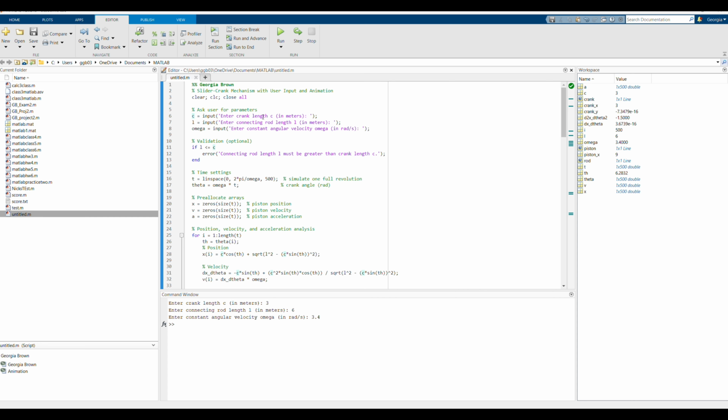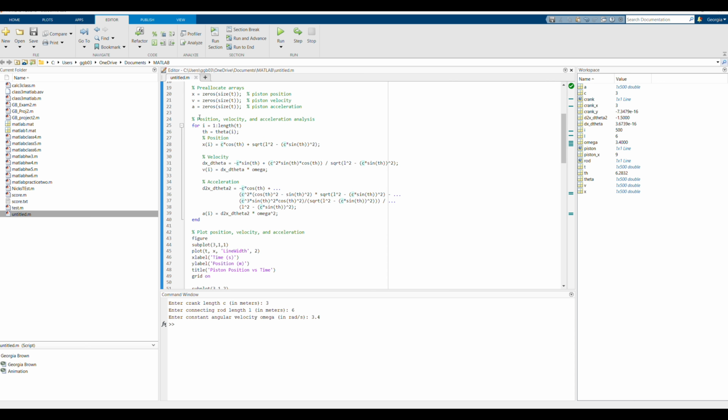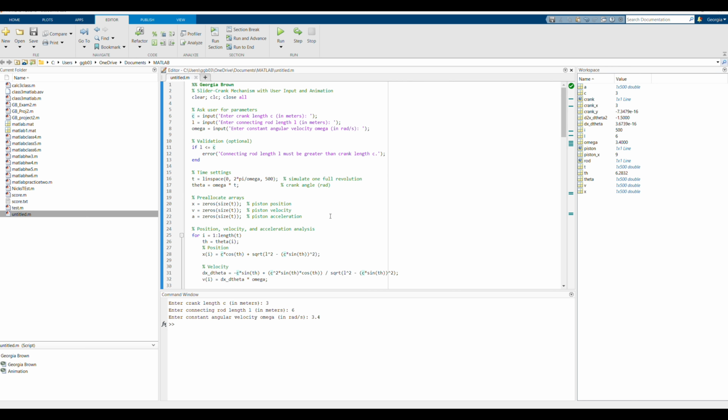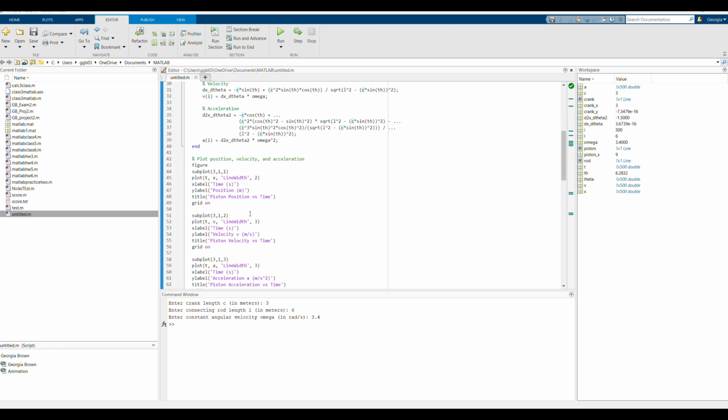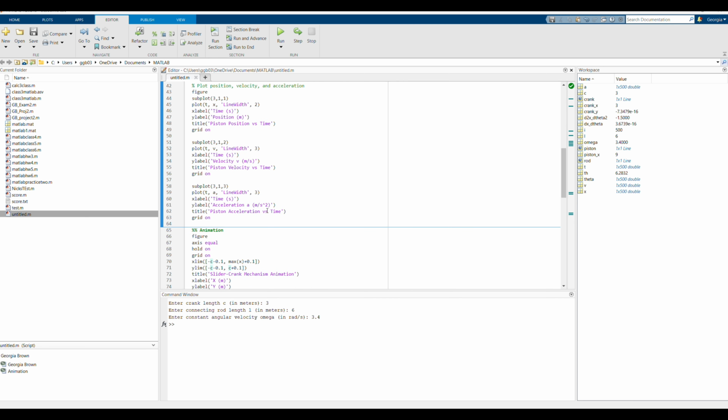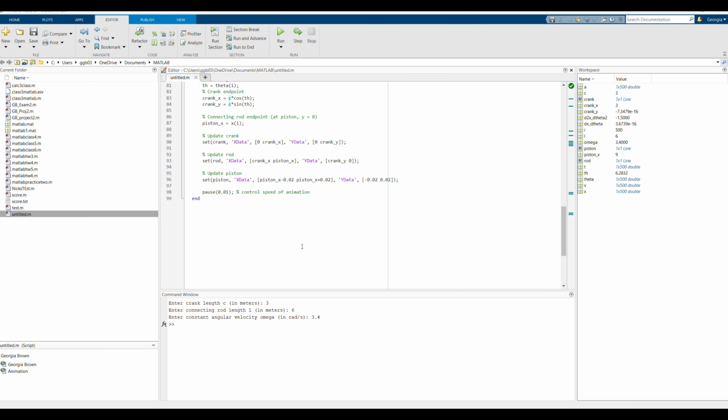And so we have it ask the user for inputs, the crank length, rod length, and constant angular velocity. We then have it do the velocity and acceleration analysis using the givens, and then we're also plotting the position, velocity, and acceleration, and then have a little animation.